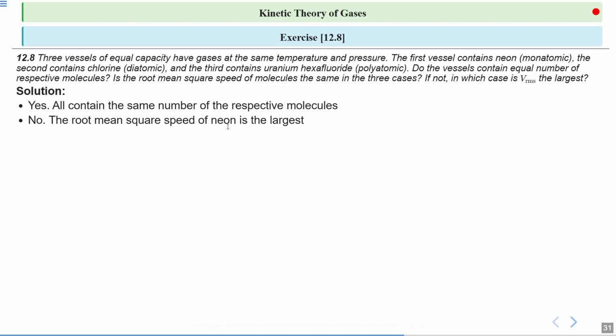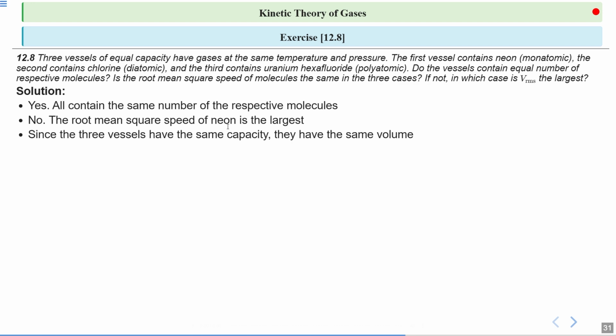Now let's consider the root mean square speed of the molecules. The answer is no. The root mean square speed is not the same for all gases. Among the three, neon has the largest root mean square speed. This is because the speed is inversely related to the mass of the gas molecules.